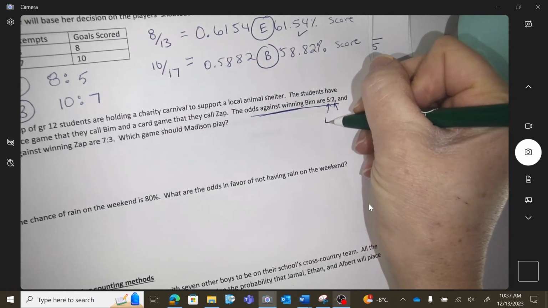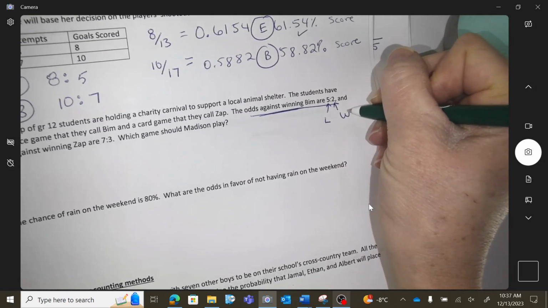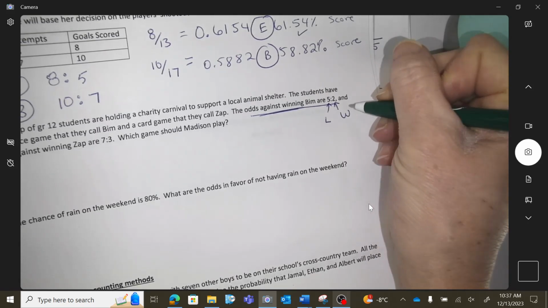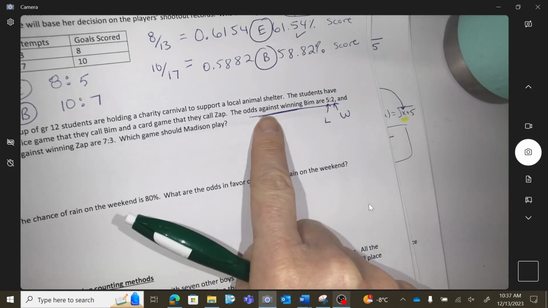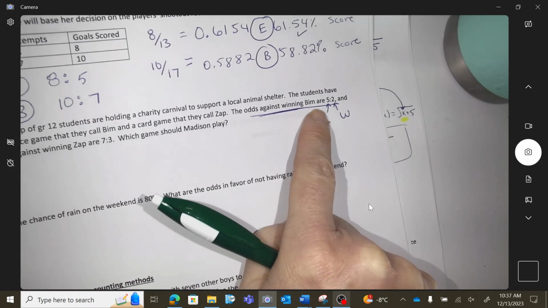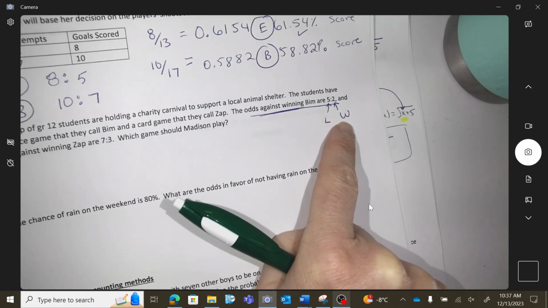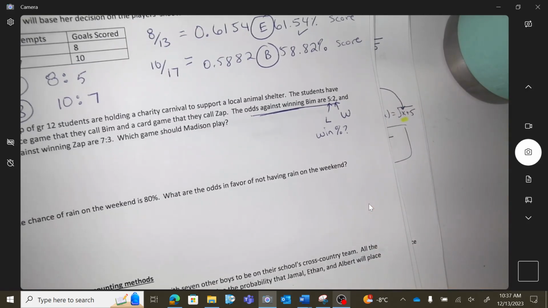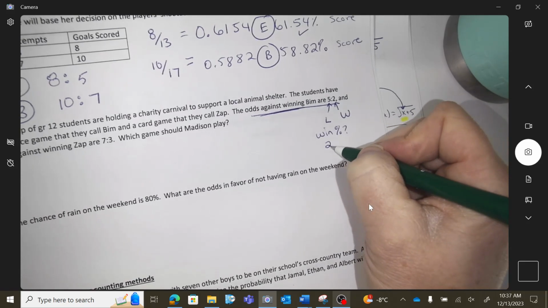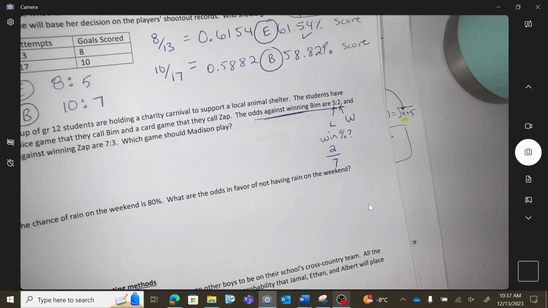Losses. 5 losses to 2 wins. So that's the odds against winning. So there's 5 not wins, 2 wins. So what's the probability to win? What's the percent probability chance that you're going to win this game? 2 wins, we labeled that, out of 7 total attempts.